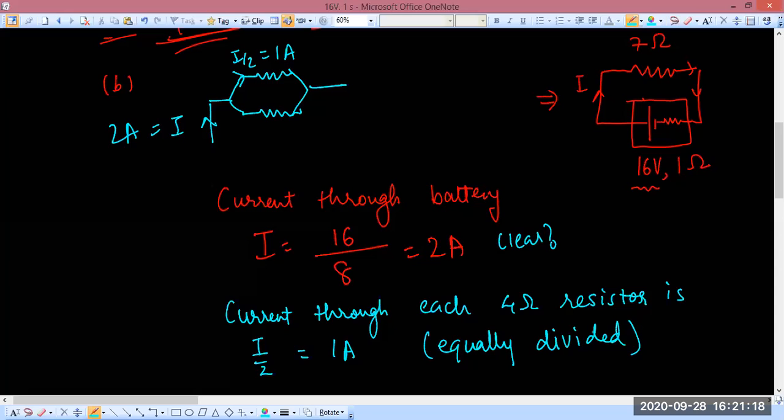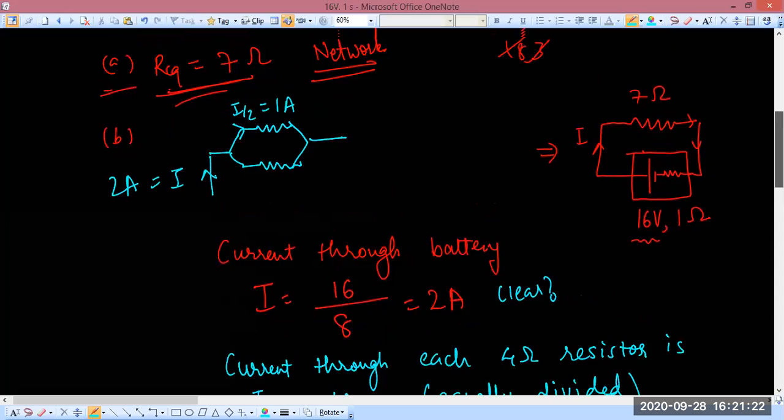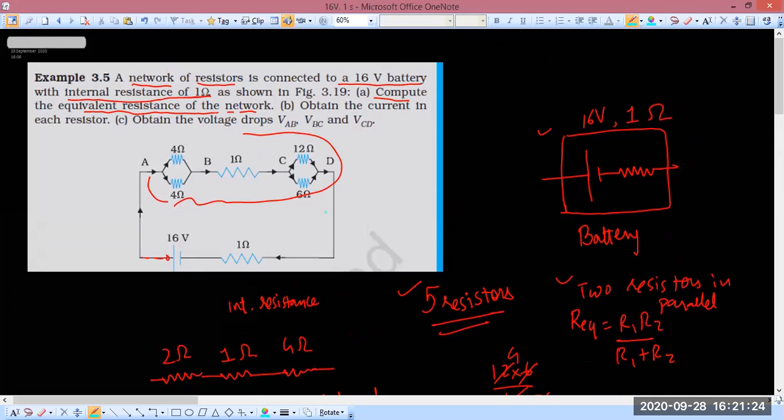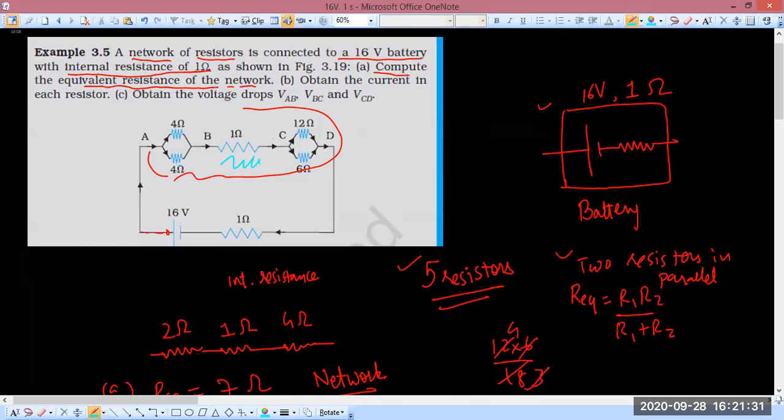Now let's go to the next resistor. Who's next? Okay, this 1 ohm is next, right? For that, I think it's quite clear that whatever current flows here will also flow here, because here it splits and then it comes back. I repeat, here the current splits and then comes back, it gets added.